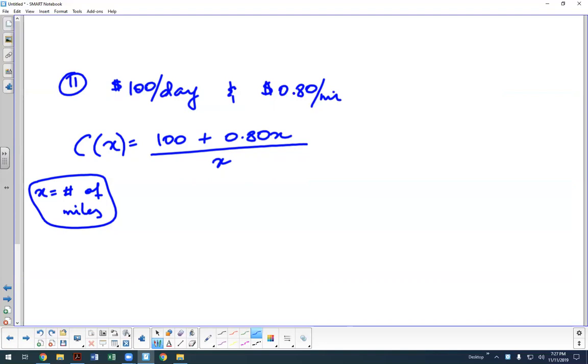Okay, so this is actually basically the idea of finding your horizontal asymptote here, because I have the same degree of X in my numerator and denominator, right? So you can either use that idea of when it's the same degree, it's the ratio of our leading coefficients, which will actually end up becoming 0.80 over 1 as X basically gets really large.